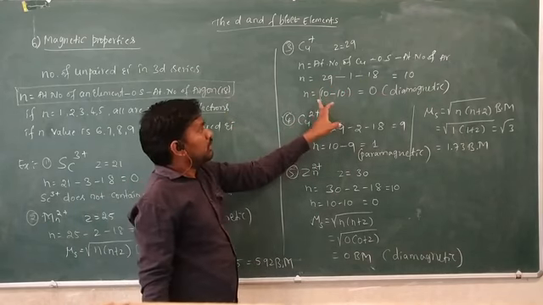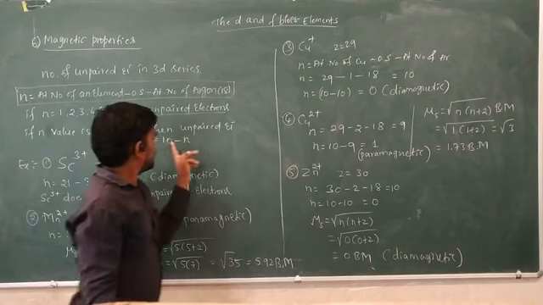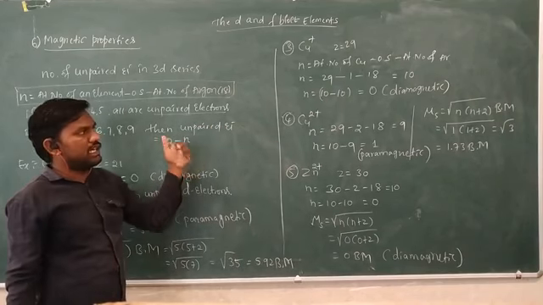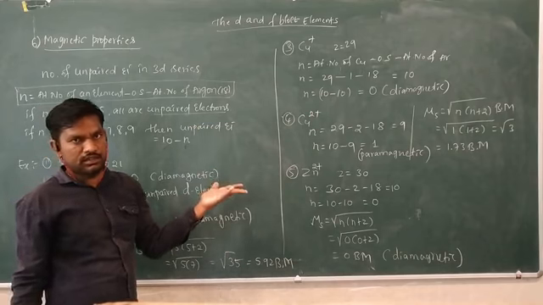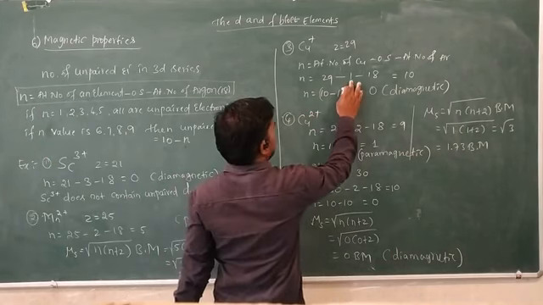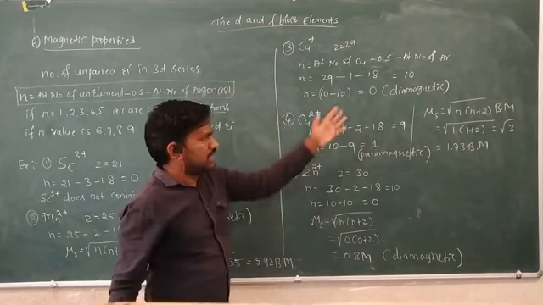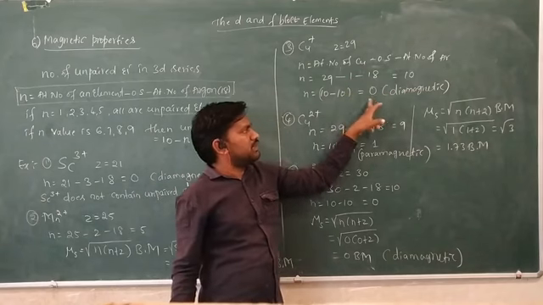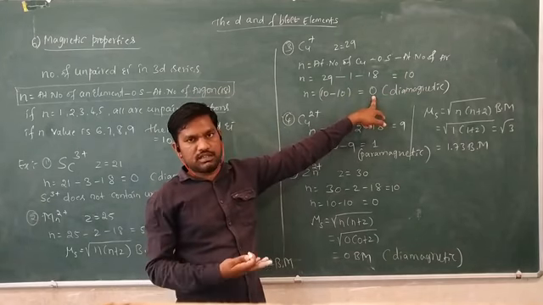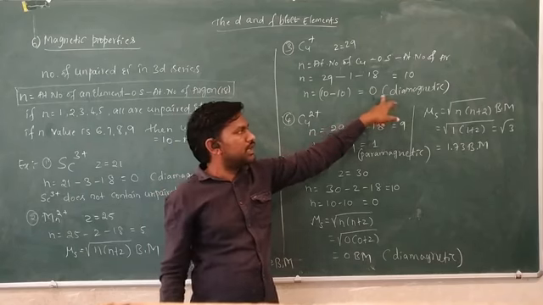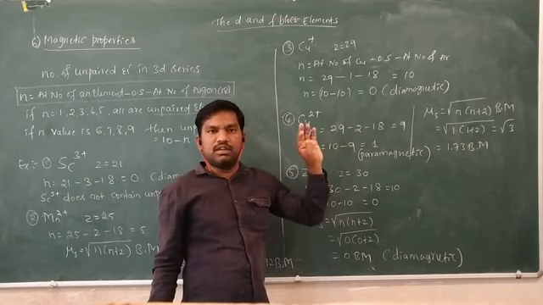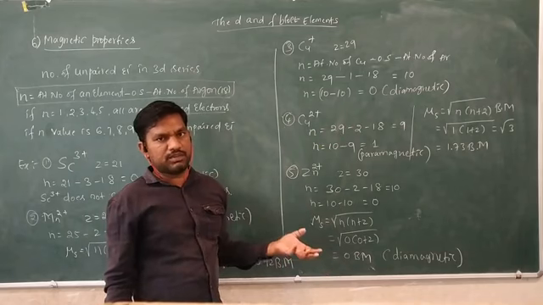Now 10 minus n, and the n value is also 10. 10 minus 10 gives 0. 0 means there is no unpaired electron, so it is diamagnetic in nature. Spin only magnetic moment also gives 0.